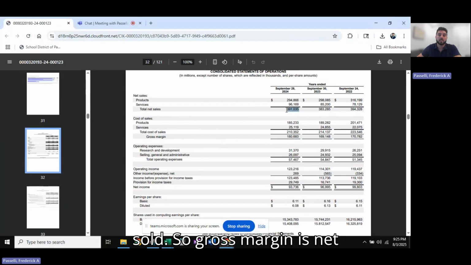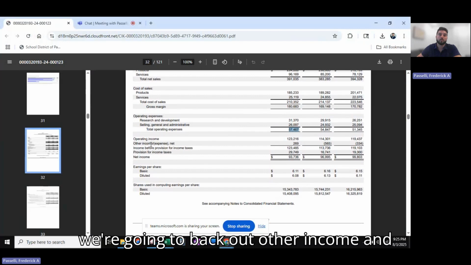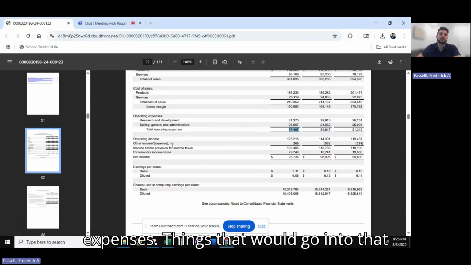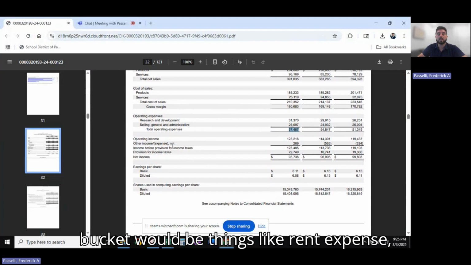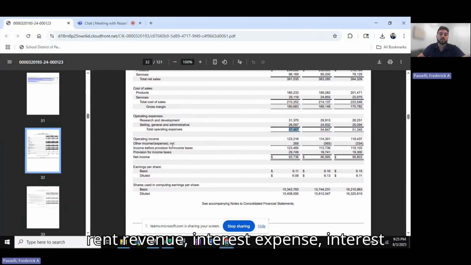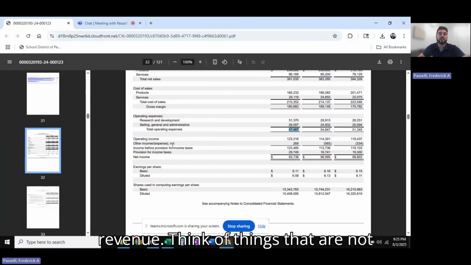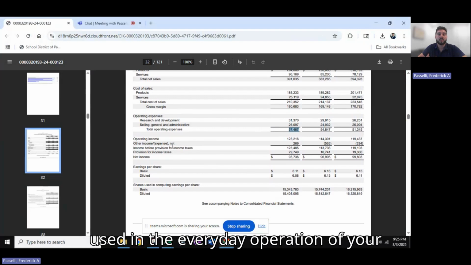And then to get to operating income, you have your gross margin minus your total operating expenses. Then we're going to back out other income and expenses. Things that would go into that bucket would be things like rent revenue, interest expense, interest revenue. Think of things that are not used in the everyday operation of your business.